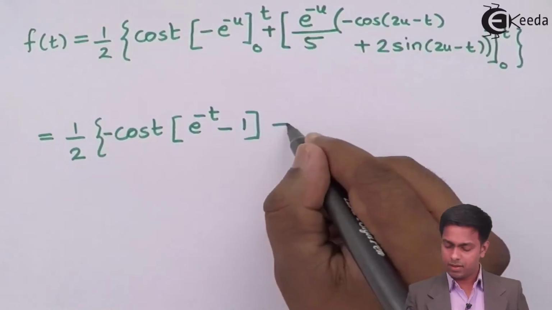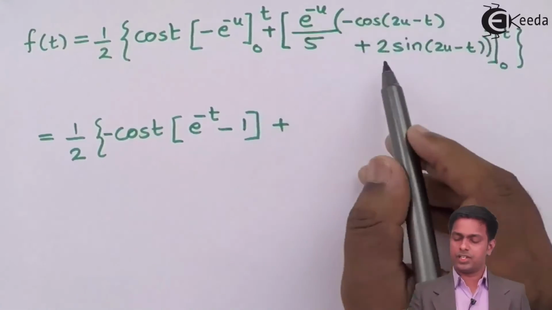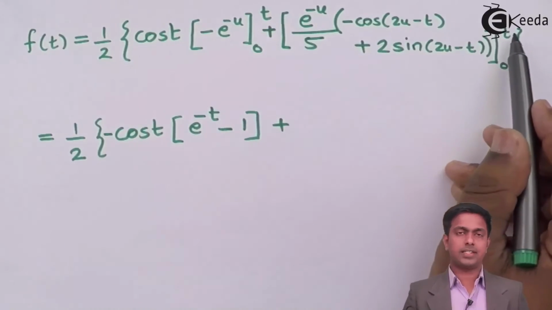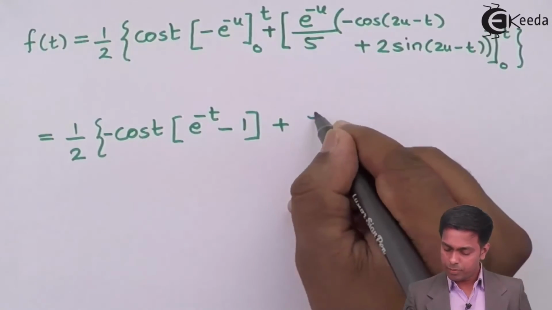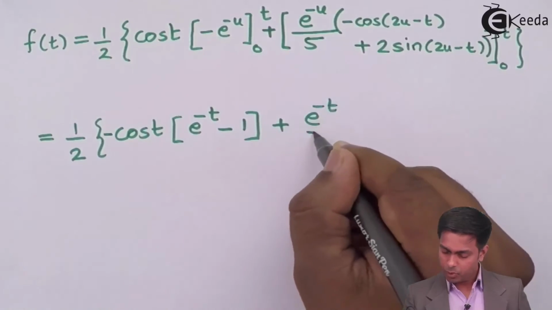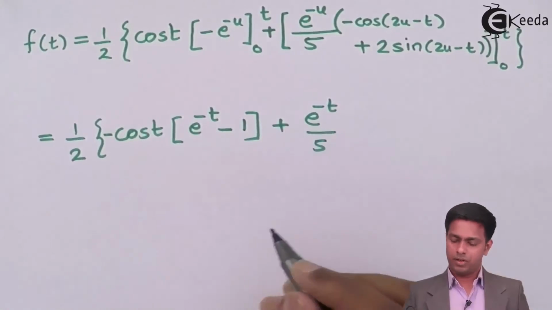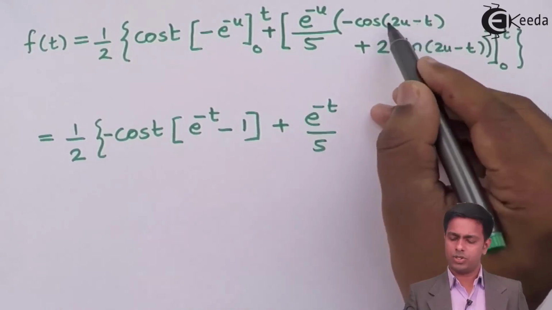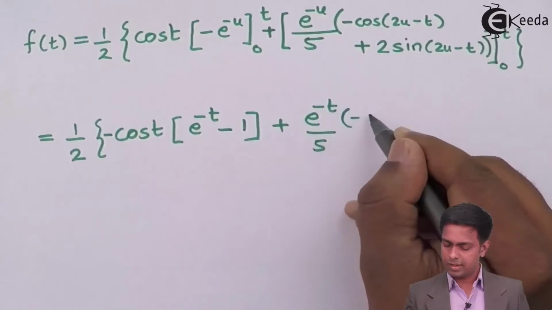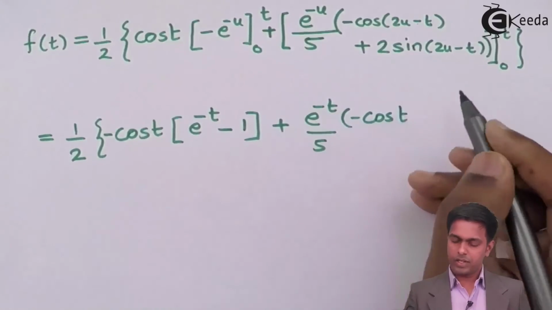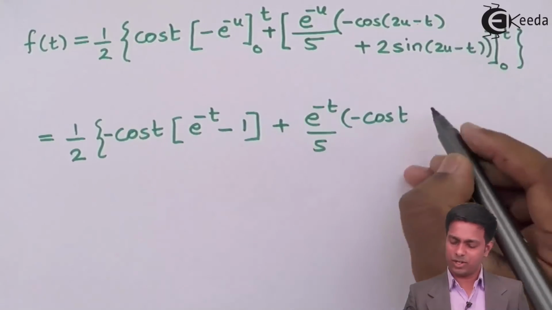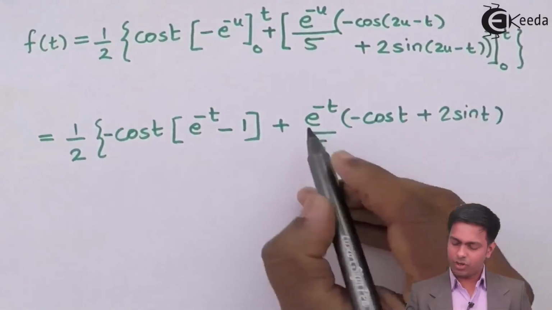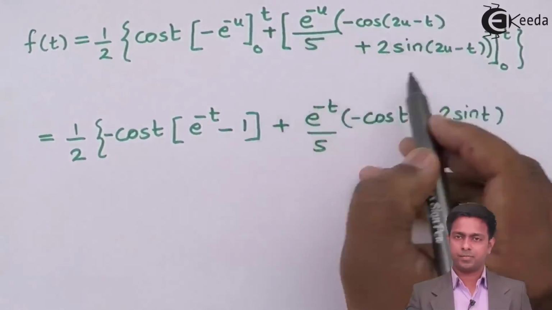Next plus, now in this function I'm going to put the value of the upper limit as t, so this will become e to the power minus t upon 5. Here 2t minus t, that is t, so that will become negative cos t. Here 2t minus t is t, so that will become plus 2 sin t. So guys, this is the value of the upper limit.